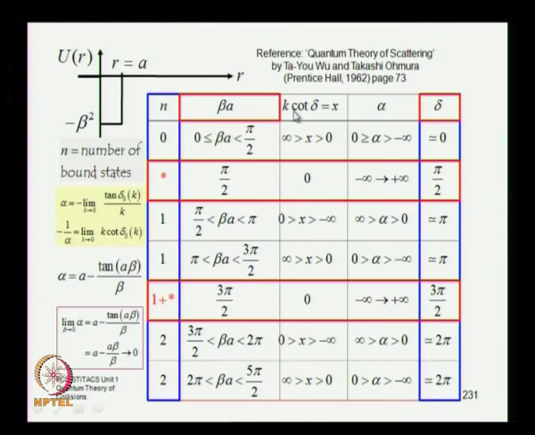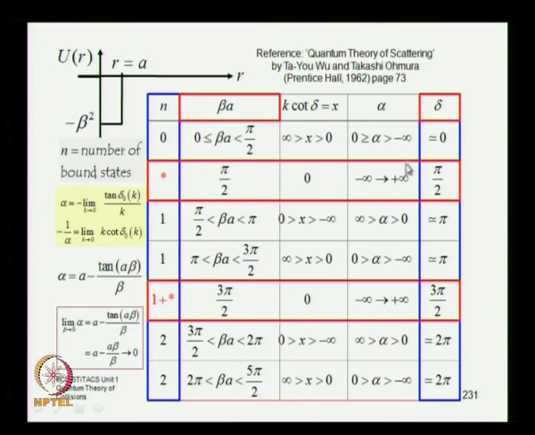This gives you the k cot delta. It tells you how the parameter x changes in this domain as beta a changes from 0 to pi by 2. This tells you how the scattering wavelength changes in this corresponding region of the potential strength as it changes from 0 to pi by 2, and you get the phase shift which goes to 0 when the number of bound states is 0.